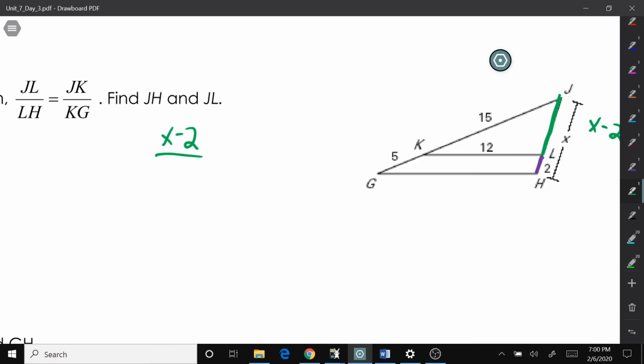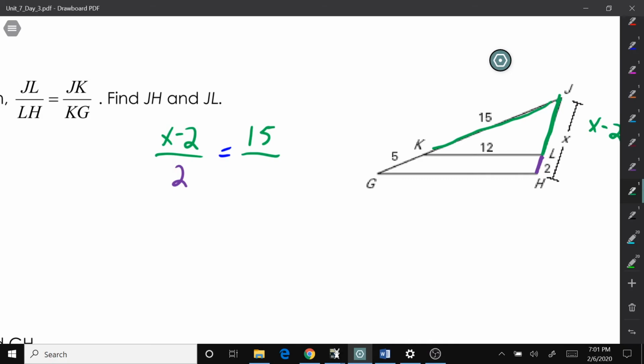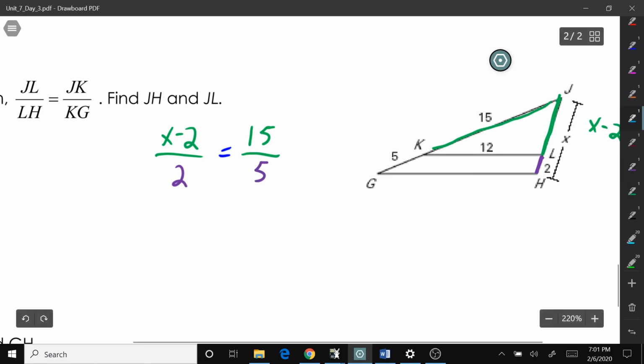Well, LH is 2, and that is equal to JK over KG. JK is 15. KG is 5.